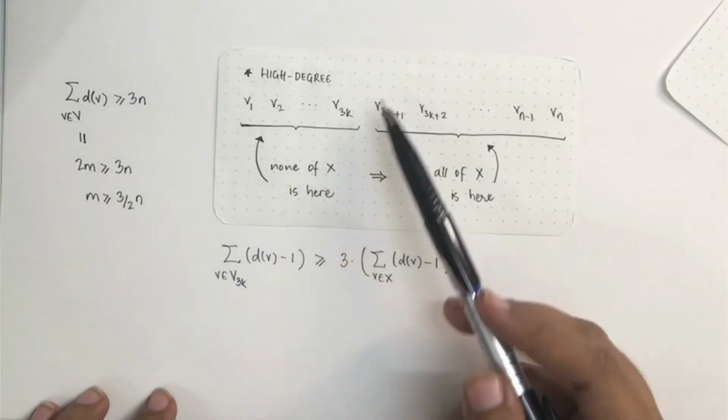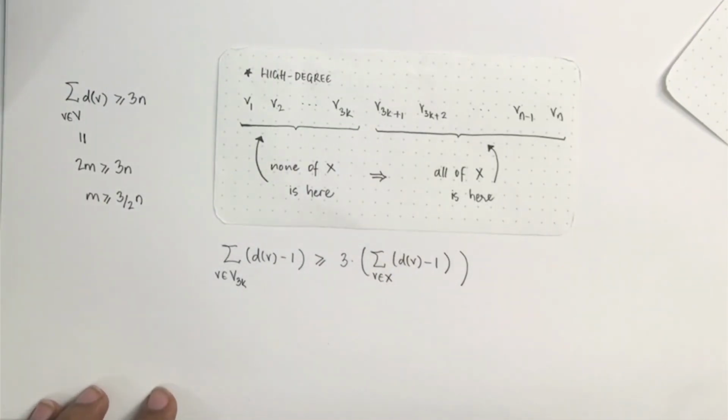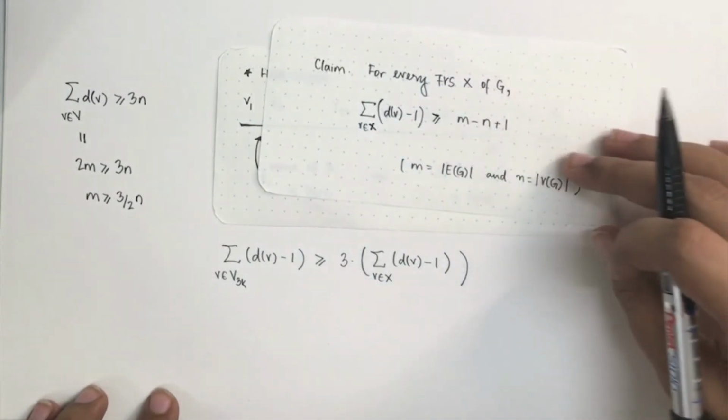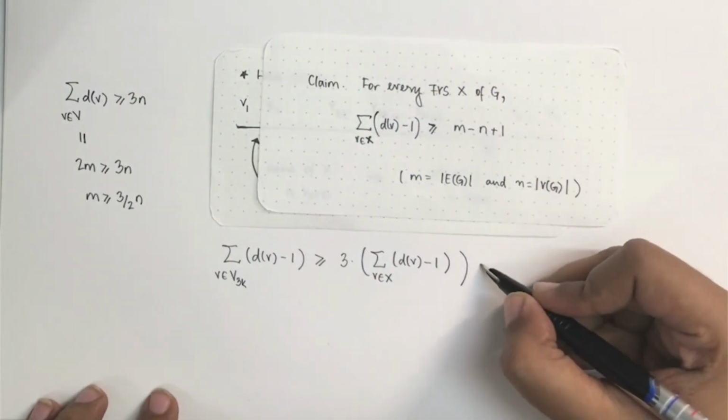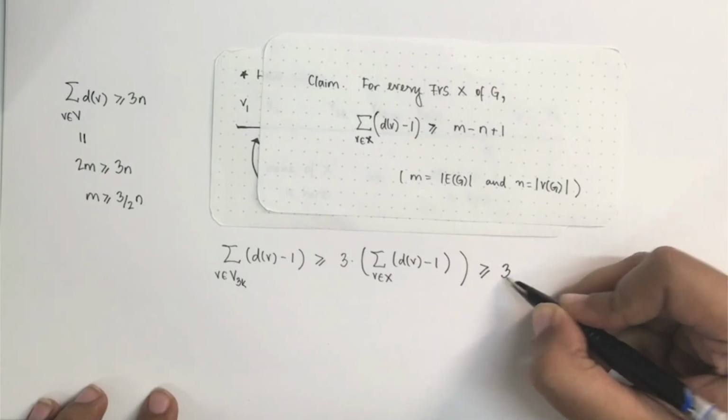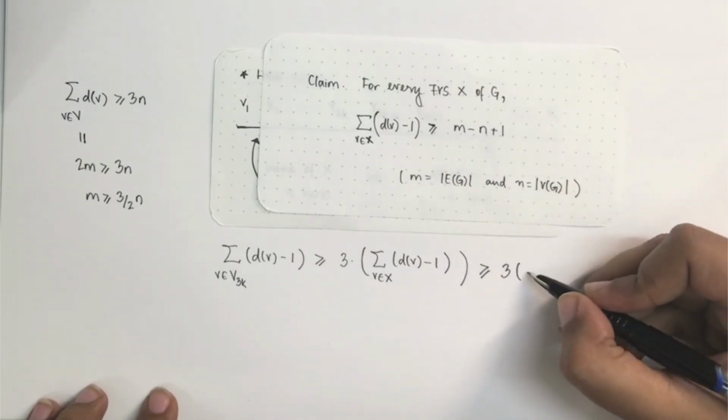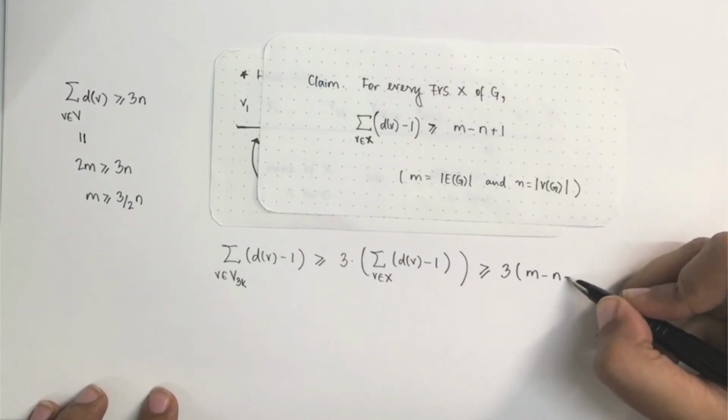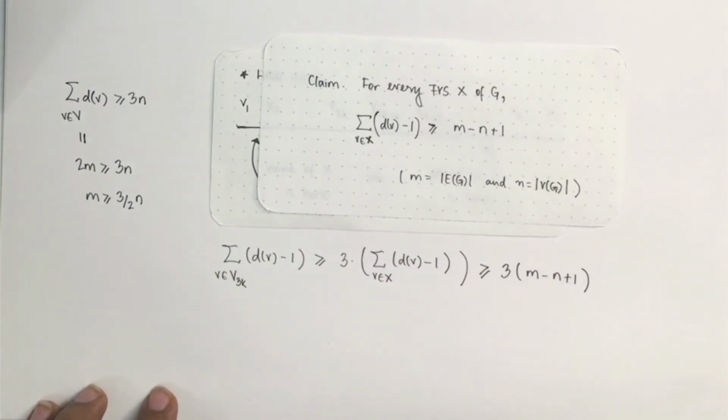With that comparison, you reach this inequality. The reason I wanted to write it in this form was to apply the claim from before. So we have that this is at least 3 times (m minus n plus 1). All right, so that's our first inequality.